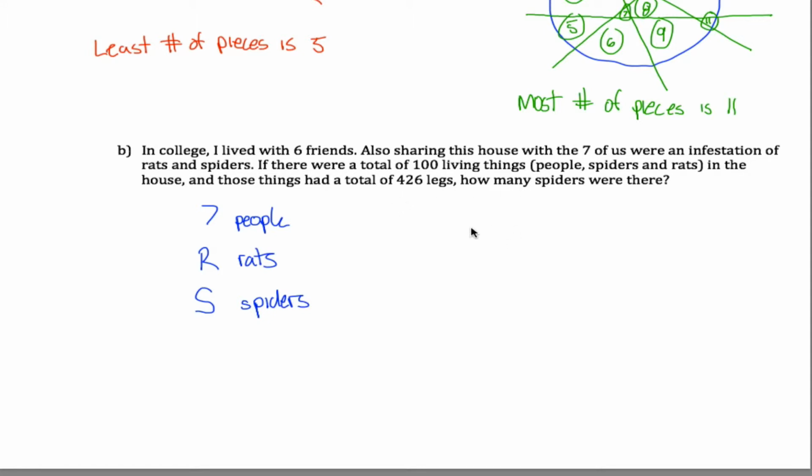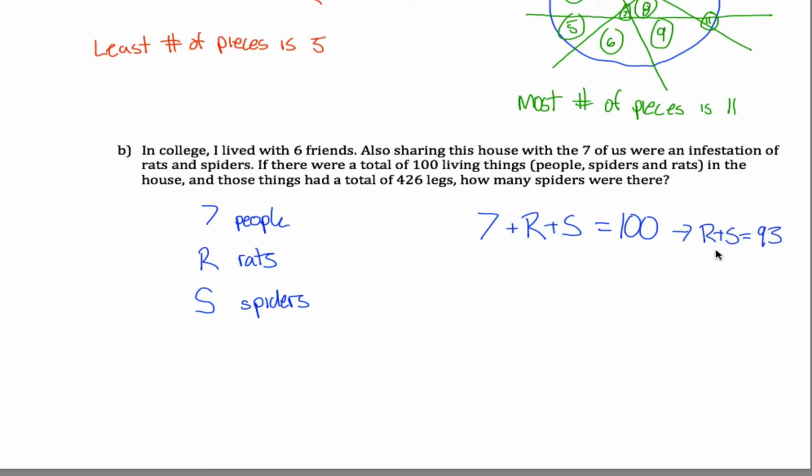And I know that when you add up these 3 things, 7 plus R plus S, there's supposed to be 100 living things. So 7 plus R plus S is equal to 100. Or if you want to make things a little bit more simple, we can just say R plus S is equal to 93.